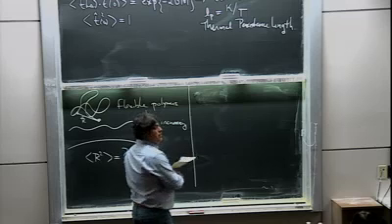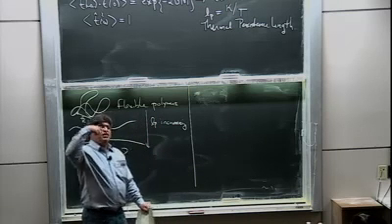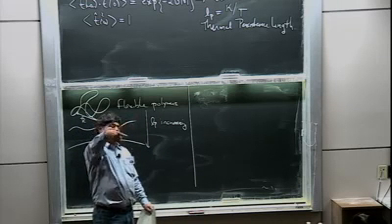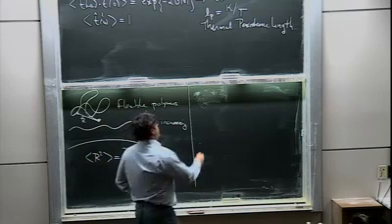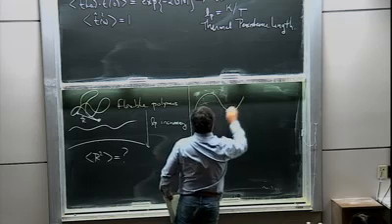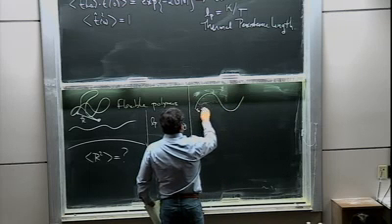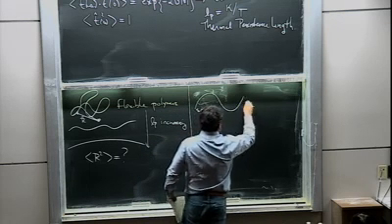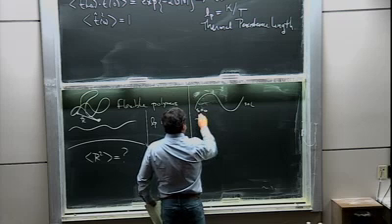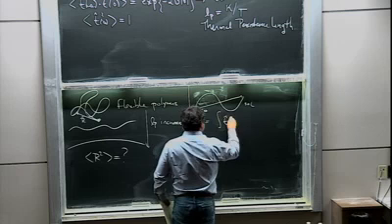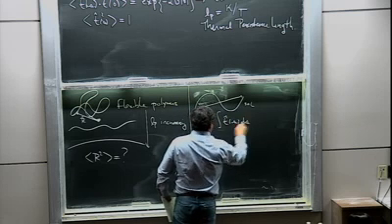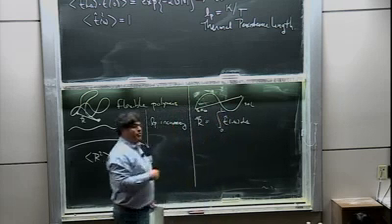So for any given configuration, if I know the set of tangent vectors as I walk down the chain, I can simply integrate them back up to go from one side to the other. In other words, if I have some curve like this, here's s equals 0, here's s equals L, I can calculate the end-to-end vector as the sum of tangent vectors as I walk down the filament.